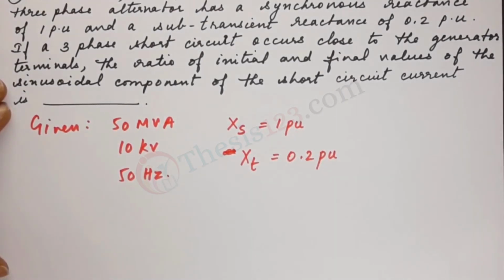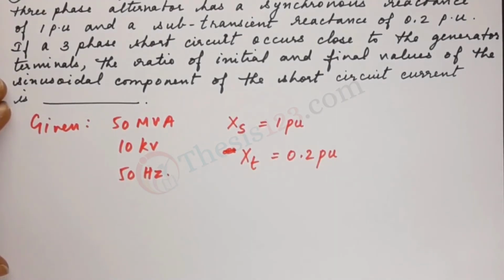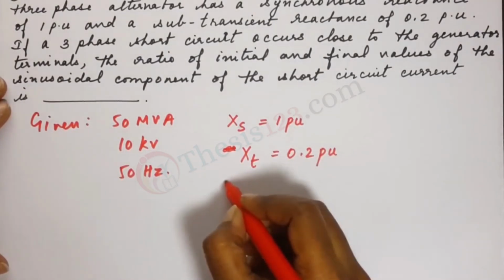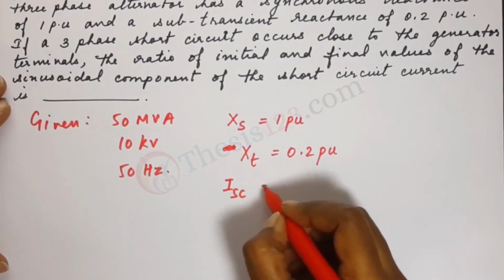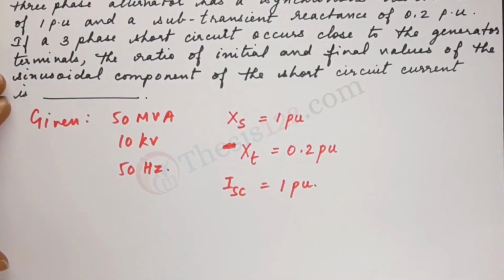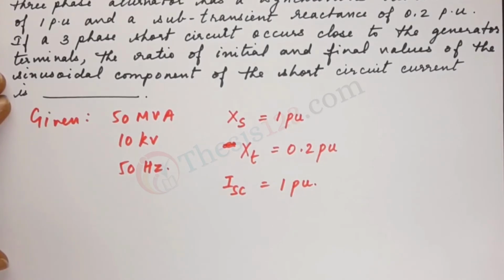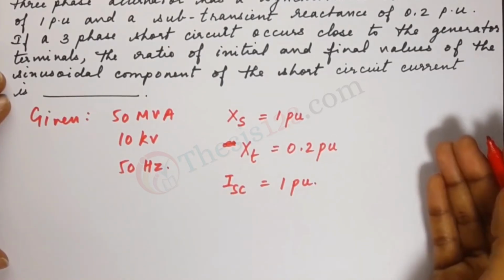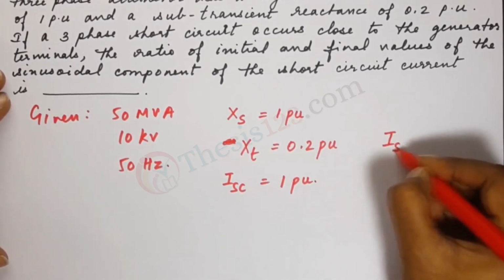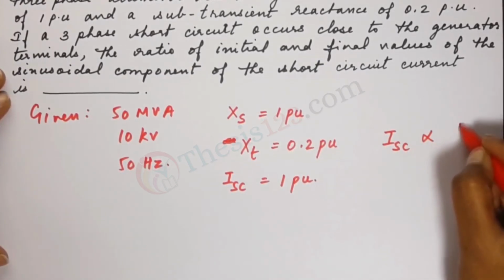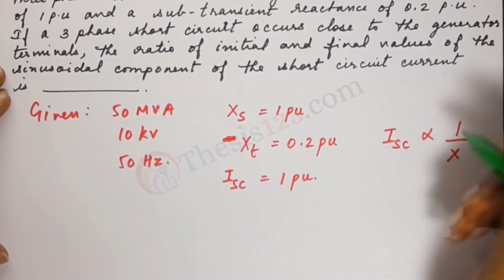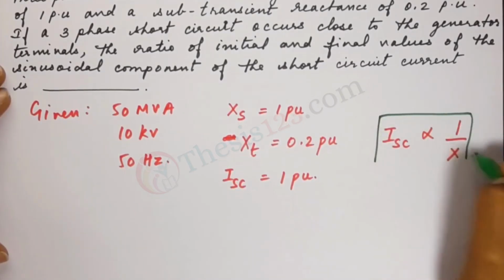So during the transient period, the short circuit current is 1. Okay, so we will have to keep that in mind. Short circuit current would be 1 pu. So in a 3-phase alternator, short circuit current is inversely proportional to the reactance X. This is an important relation.